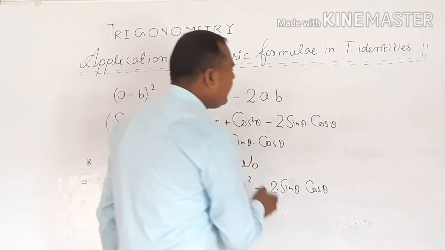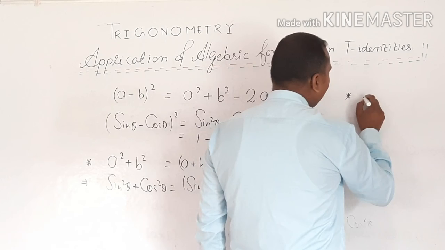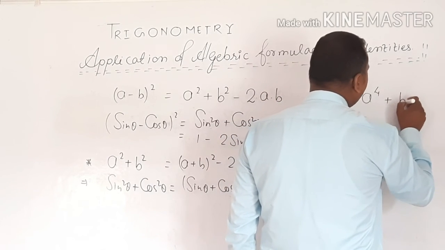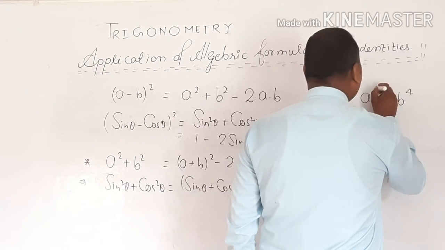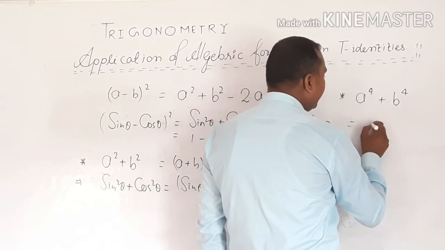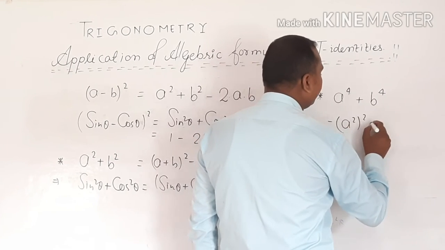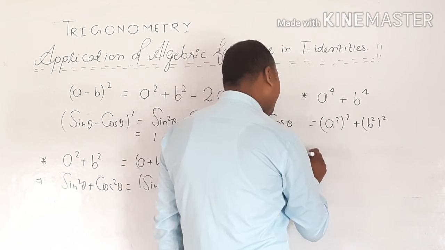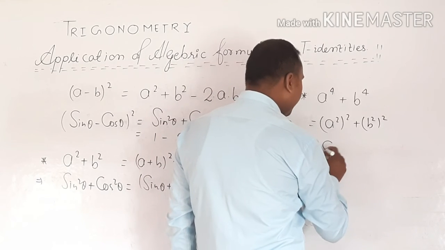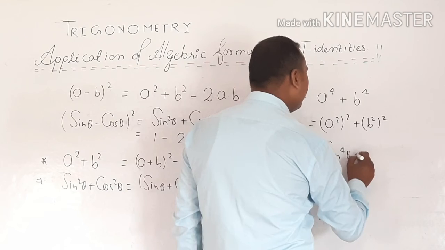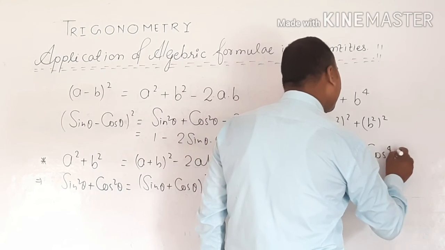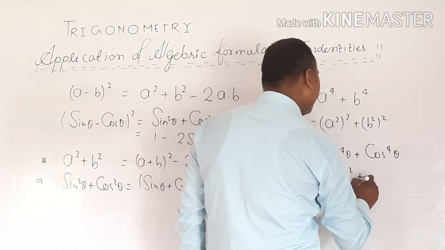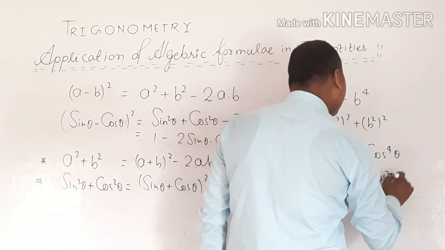And the next one is a to the power 4 plus b to the power 4. That means a square the whole square plus b square the whole square. That's why sine to the power 4 of theta plus cos to the power 4 of theta will be equal to sine square of theta the whole square plus cos square of theta the whole square.